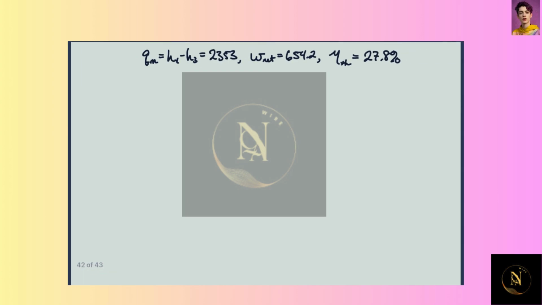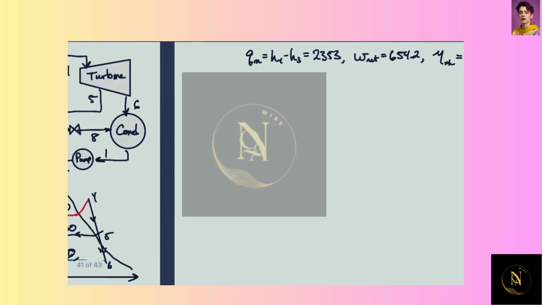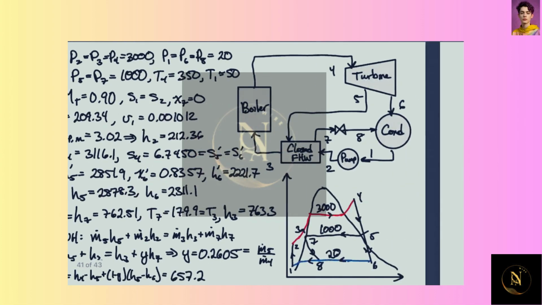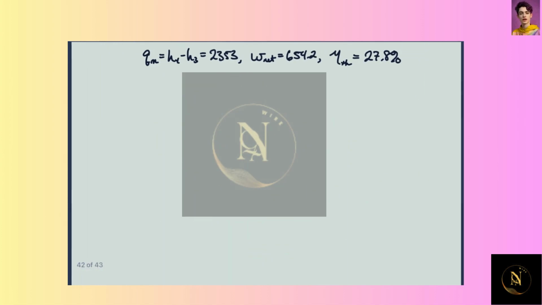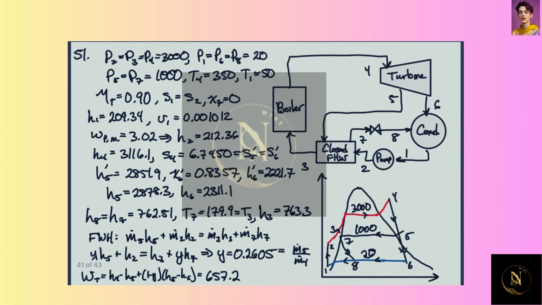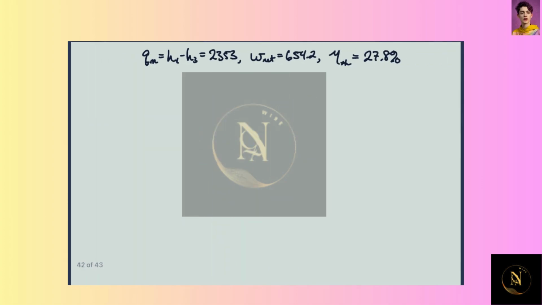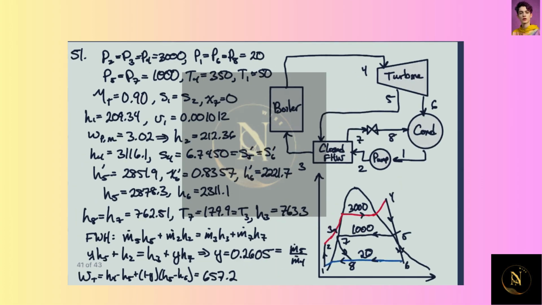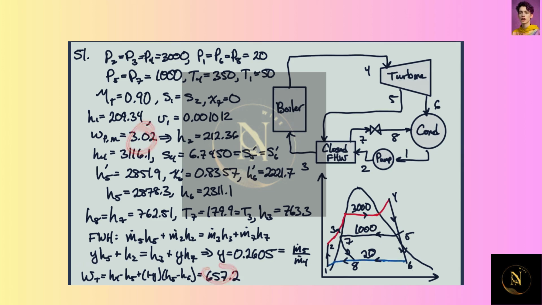And the heat transfer in is 2,353, which is exactly the same as before, because we wound up at point 3 here with the same enthalpy at 3 as in the previous problem, and the same enthalpy at 4. And so the net work, again, is the work from the turbine minus that of the pump. So we put a little bit less into the pump, but got quite a bit less out of the turbine.